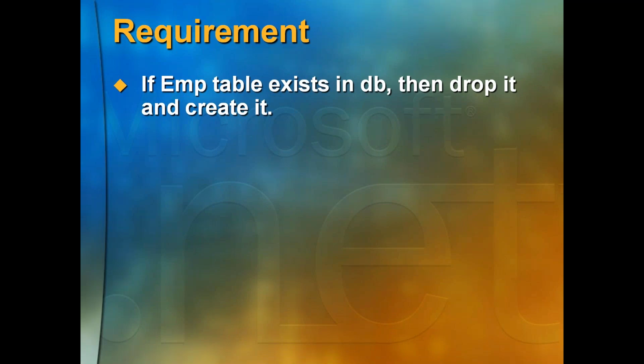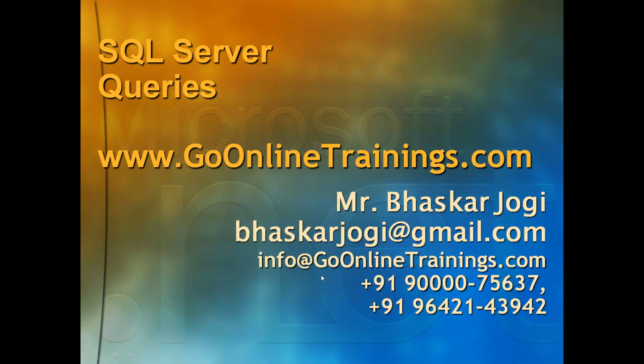The query is: if exists, select star from sys.tables where name equal to employee. If it is there, then you say drop table name. Go, and you must be able to create it. Guys, am I clear? This is the one that you should know.